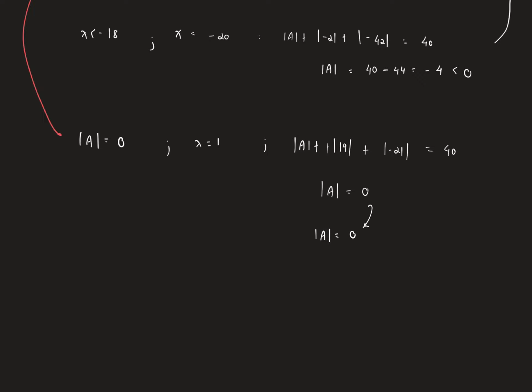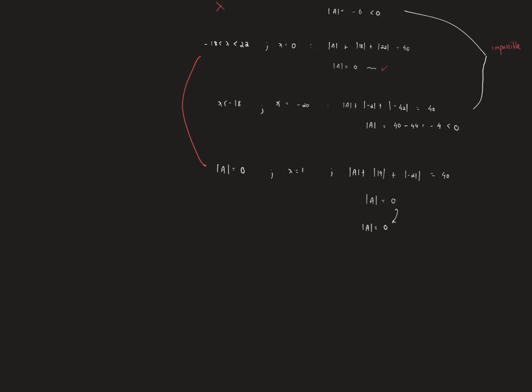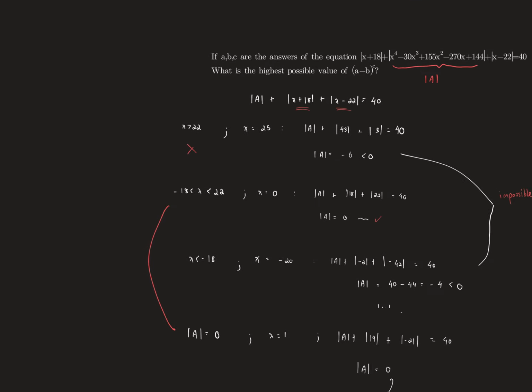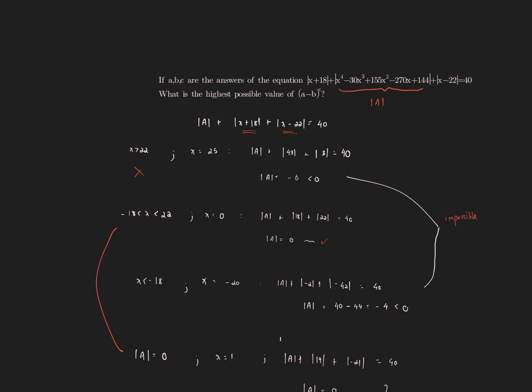So what do you mean by absolute a equals 0? Well, let's say I give a as this one, so I'm going to rewrite it back.